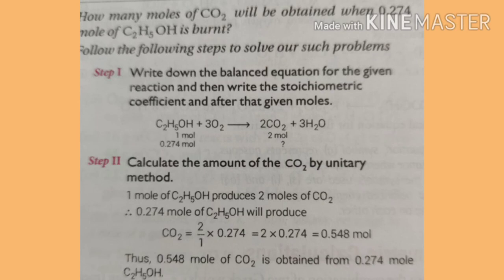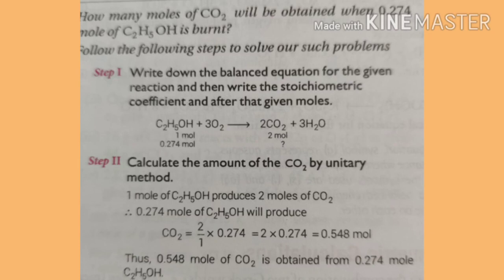The second point, calculate the amount of carbon dioxide by the unitary method. In the unitary method we write: 1 mole of ethanol produces 2 moles of carbon dioxide according to the equation. So 0.274 mole will produce carbon dioxide equal to 2 upon 1 into 0.274, that is 2 into 0.274, which is equal to 0.548 mole.